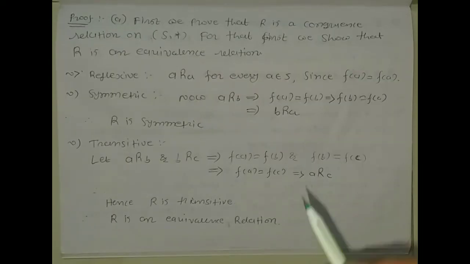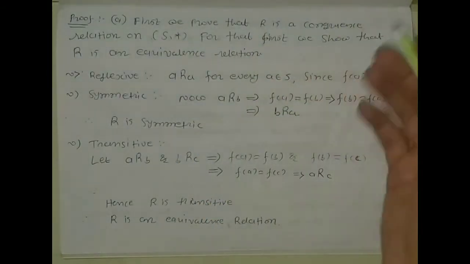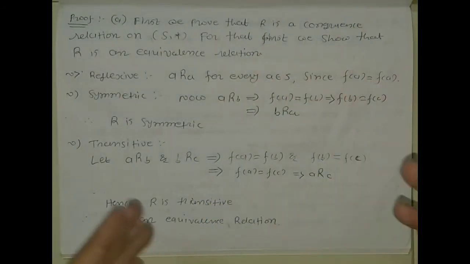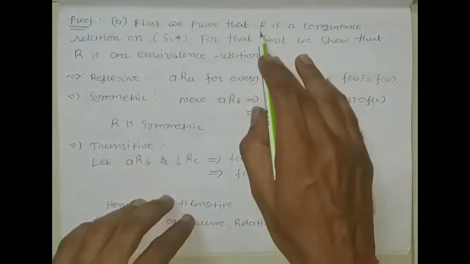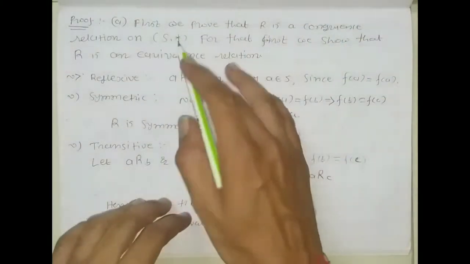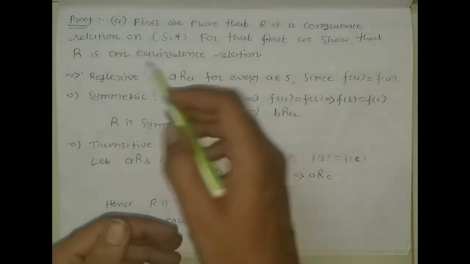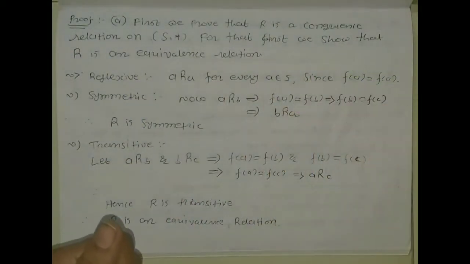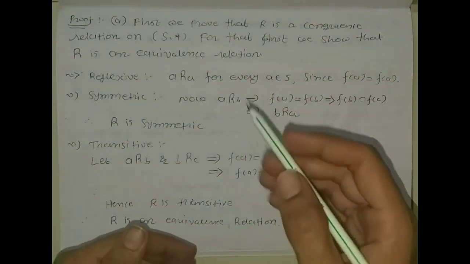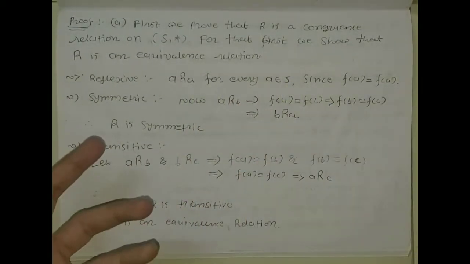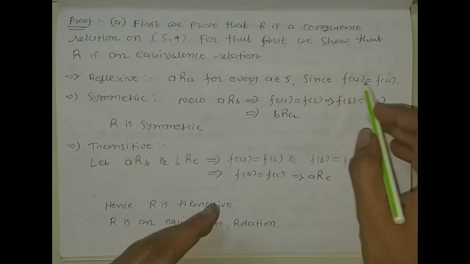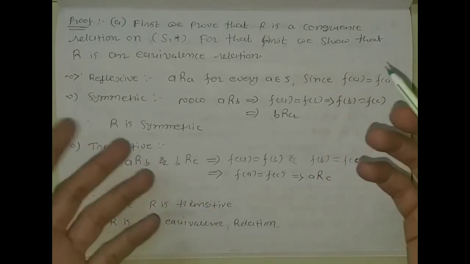Now first we prove that R is a congruence relation on S star. For that, first of all we show that R is an equivalence relation. First is the reflexive property: A is related to A for every A belongs to S. This is clear because f of A is equal to f of A, which is always true.